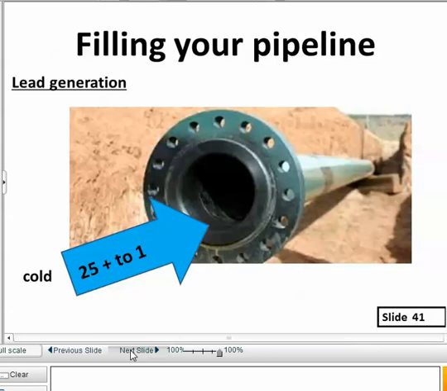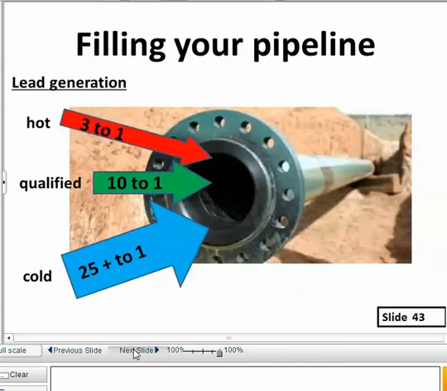So in the example of the door-to-door salesperson, that salesperson may have to talk to 25 people in order to find one who might remotely be an appropriate customer for the product. That would be the one out of the 25 who is what we call qualified. Now your business, and again it depends on your product and the service you're offering, may be a case where you have to have 10 qualified leads to get one that's going to be a serious prospect that wants to buy your product.